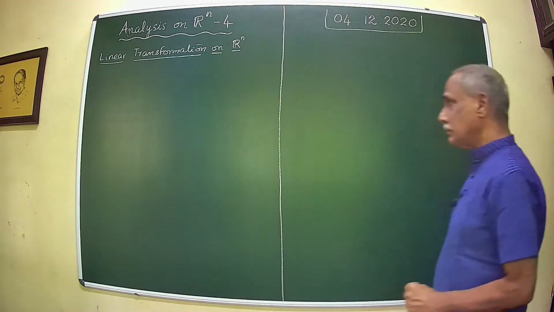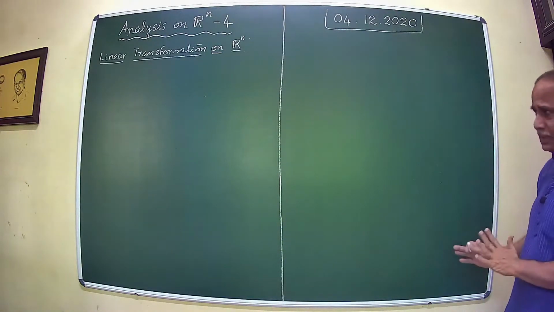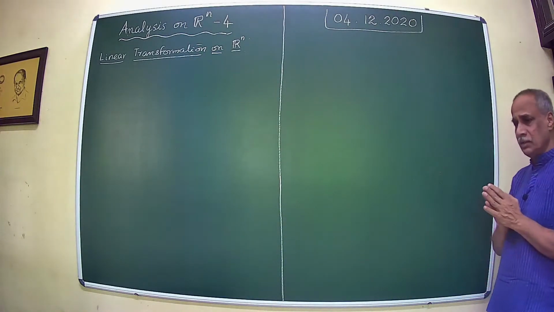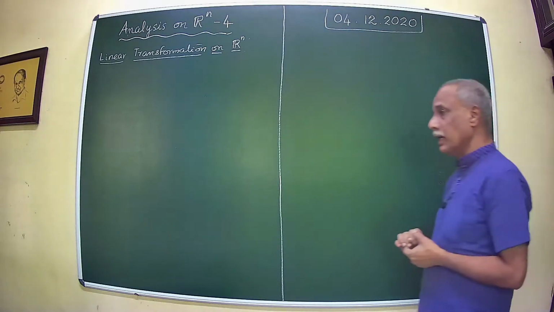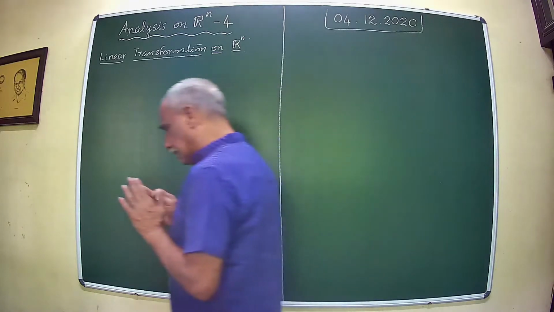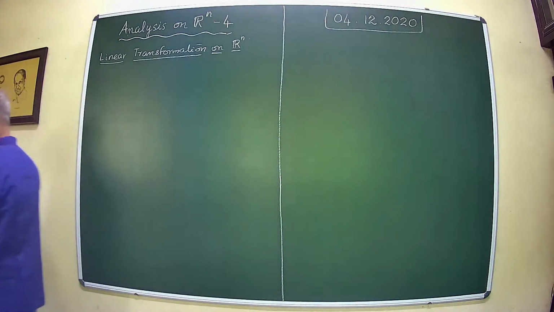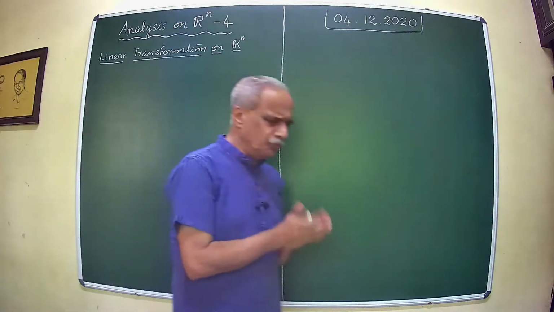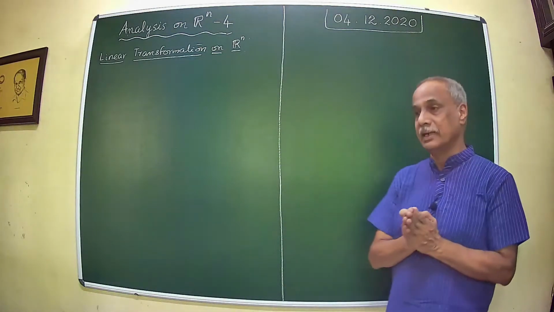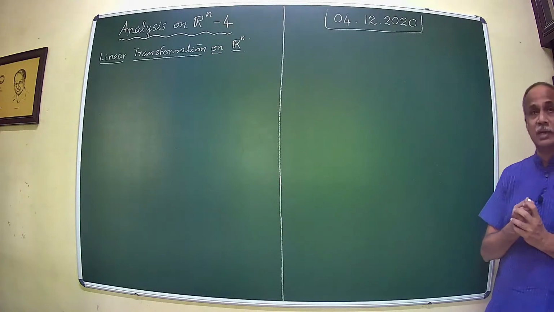But that we will consider later. For the time being we look at this class of transformations, and the linear structure endows these objects with very nice properties, and this is something that we want to explore.